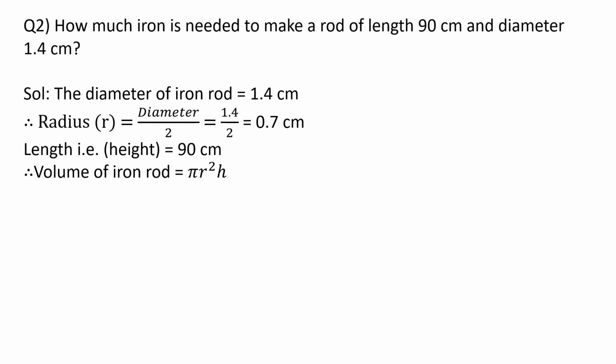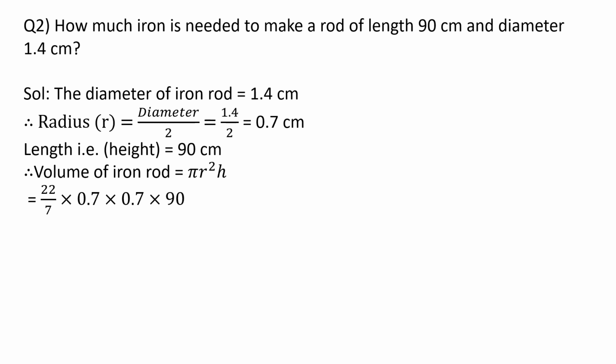Now we'll substitute the value for pi 22 upon 7, into radius we found, that is 0.7. So we'll multiply into 0.7 into 0.7, and height is given, that is length is height, equal to 90 centimeters. So 90 we'll put. Now student, you can simplify.